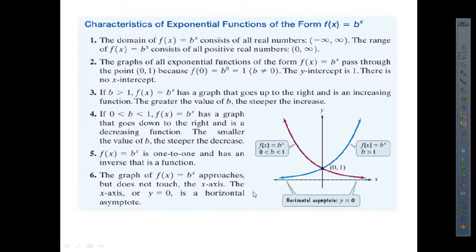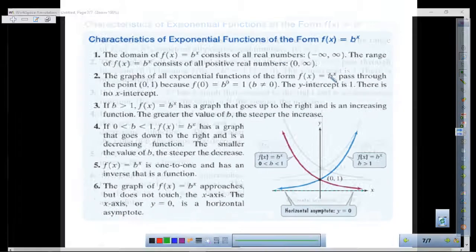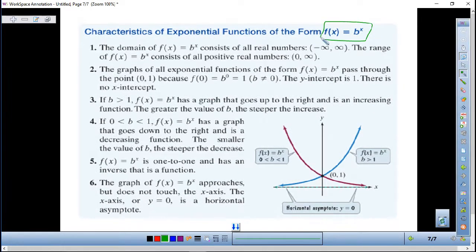Now, guys, be real careful and understand this. These are properties of the base graph, the base graph of f of x equals b raised to the x power. If you start adding and subtracting things to this, that's a transformation. We're talking only about the base graph here. You could easily say minus 1, and you're going to drop this whole thing down, and of course it is going to hit the x-axis.